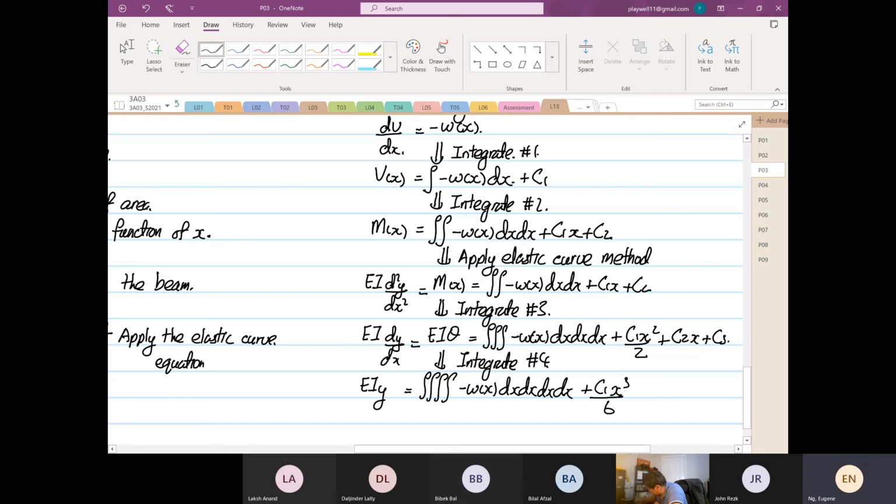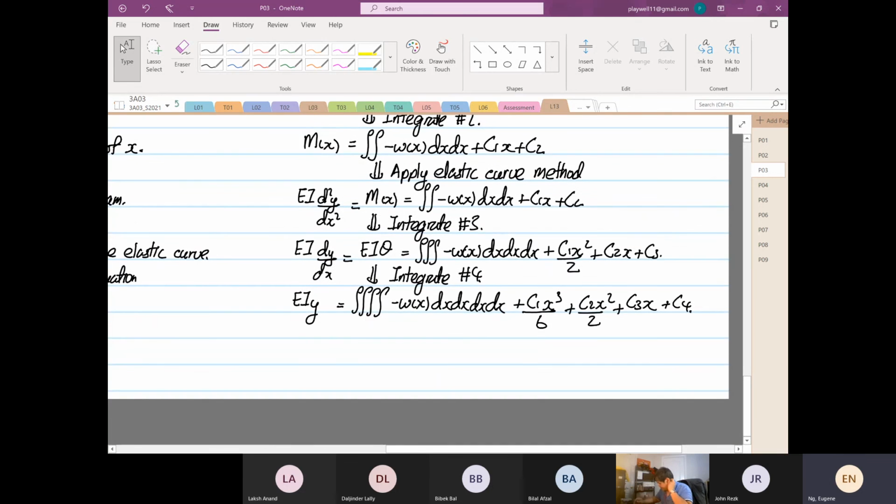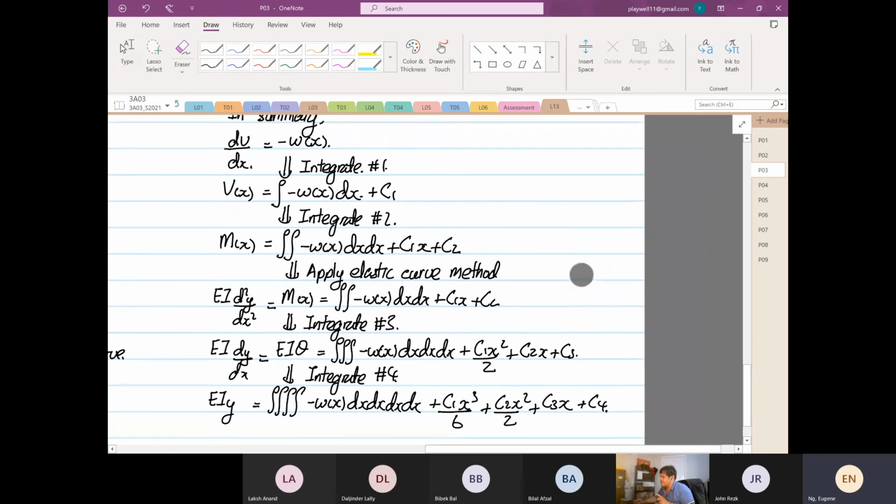Now, this is not a problem with this method, it's a characteristic of this method.